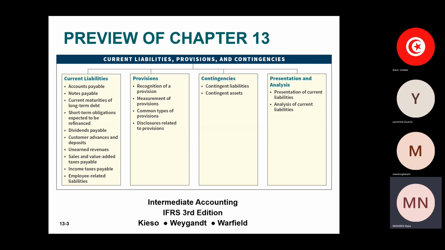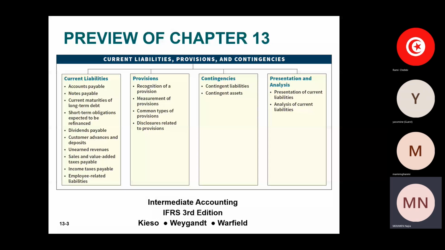It's regarding the maturity period, the time elapsing between the obligation and the settlement of that obligation. We talked about the different types of current liabilities, like accounts payable, notes, current maturities of long-term debts, short-term obligations expected to be refinanced, and then dividends payable. I guess we stopped at this level.